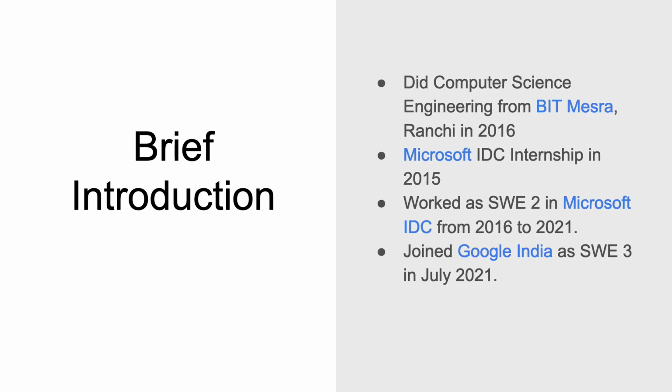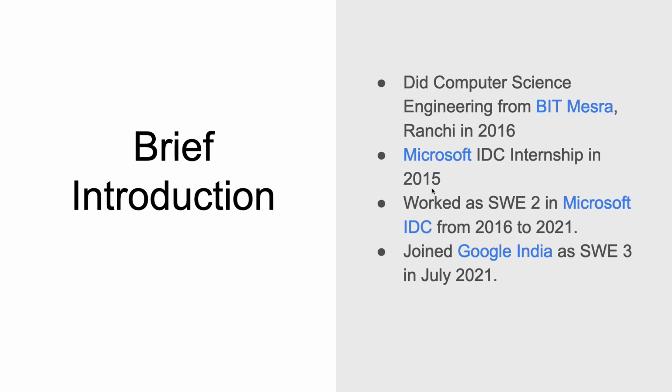Now, a brief introduction about myself. I did computer science engineering from BIT Mesra, Ranchi in the year 2016, and then I did an internship at Microsoft IDC as a software engineer in 2015.